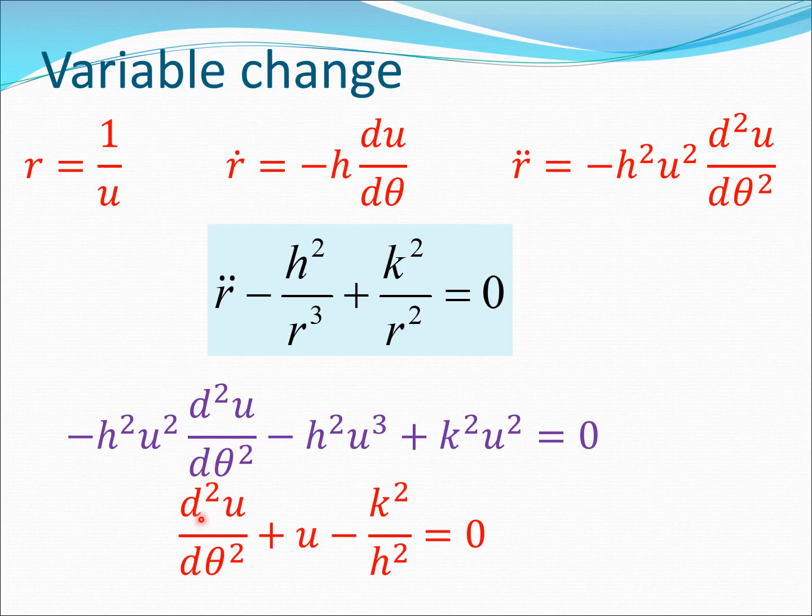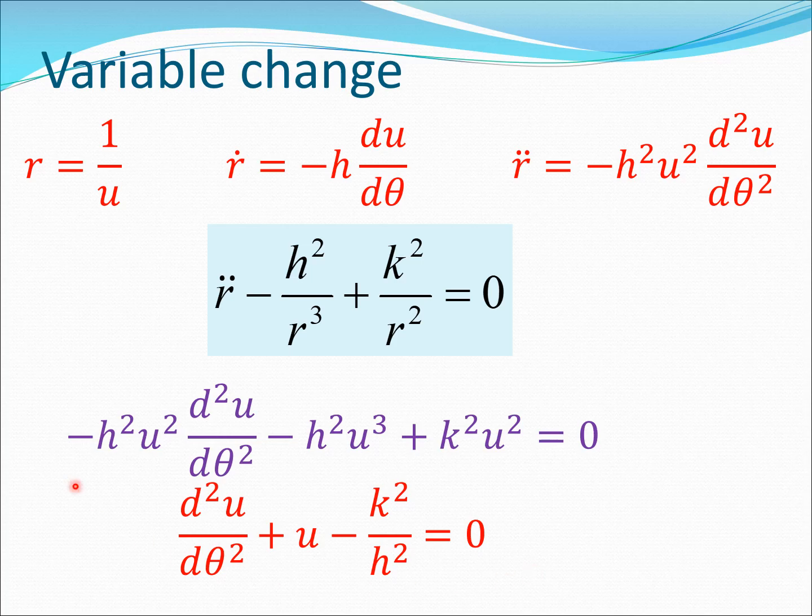So I get d2u by d theta square plus u minus k square by h square equal to 0. That equation in red is the simpler form, which we are now going to take and work further with.